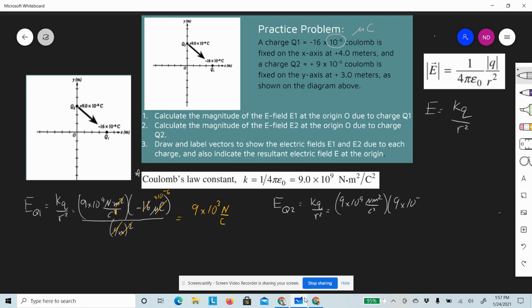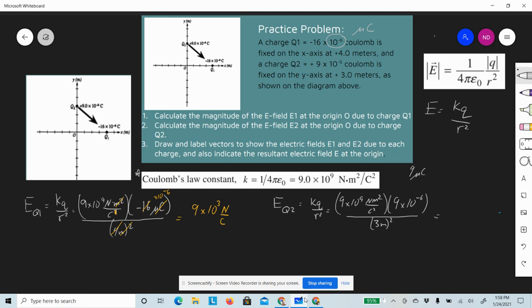Another way to write that, you could say, is 9 microcoulombs. Divided by this, Q2 is 1, 2, 3, 3 meters above the origin. It's on the y-axis.